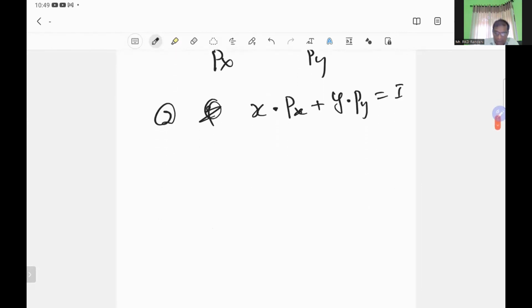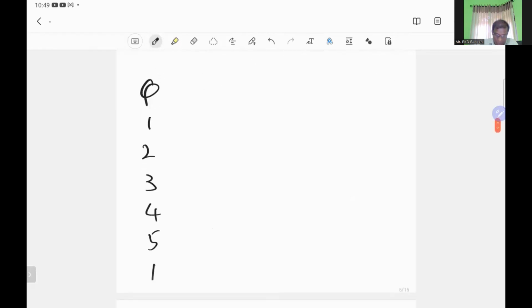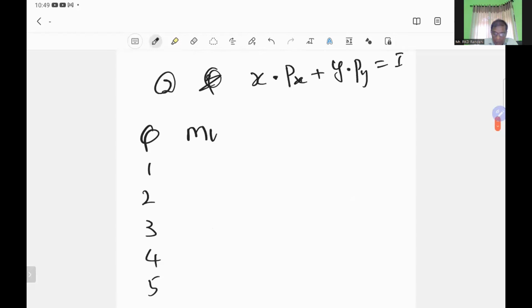Now, for quantity we will put 1, 2, 3, 4, 5, 6. Then MUX, according to your handout, I hope to take the same data.